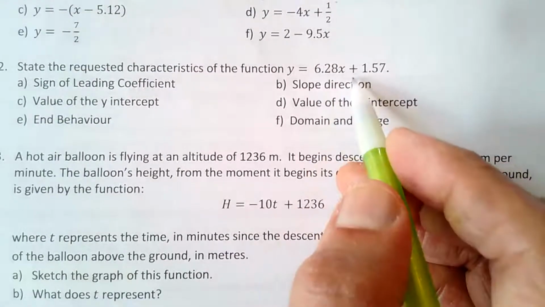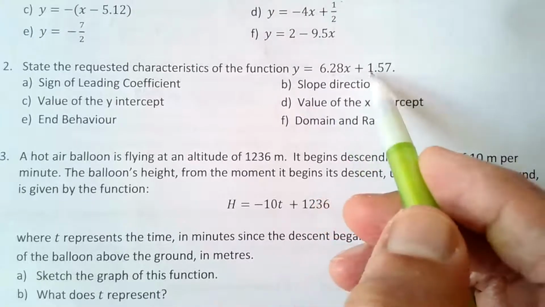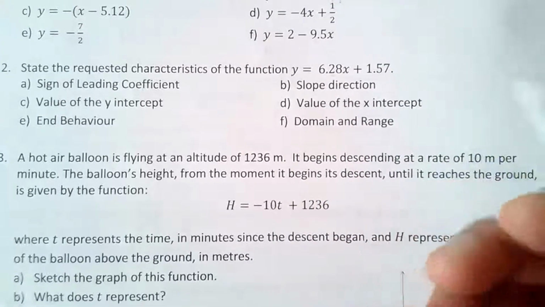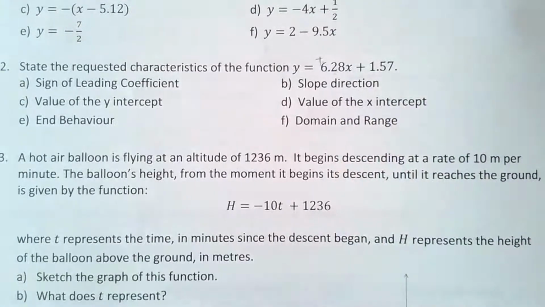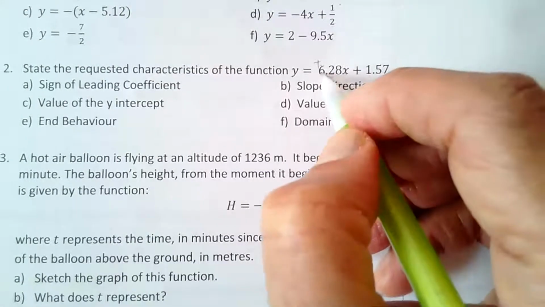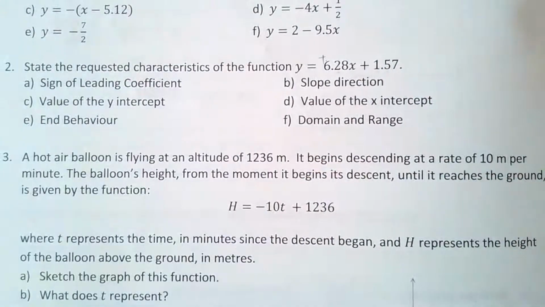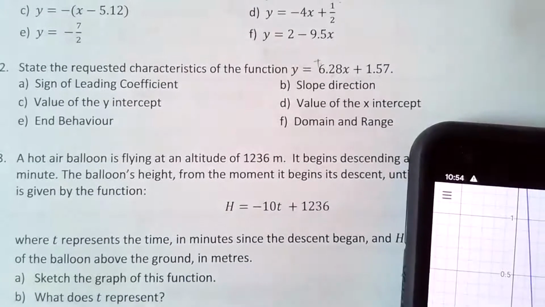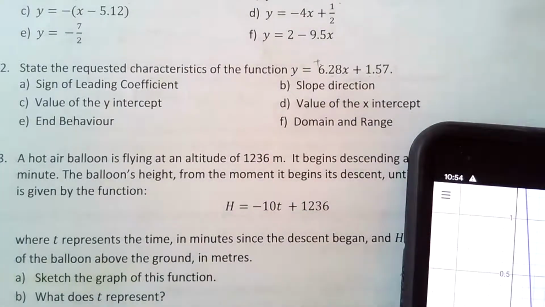So here's your equation: y is equal to 6.28x plus 1.57. Now, the sign of the leading coefficient would be positive, right? Because here you have a positive sign in front of it. In this case, you may want to use your graphing calculator. I'll go ahead and use Desmos.